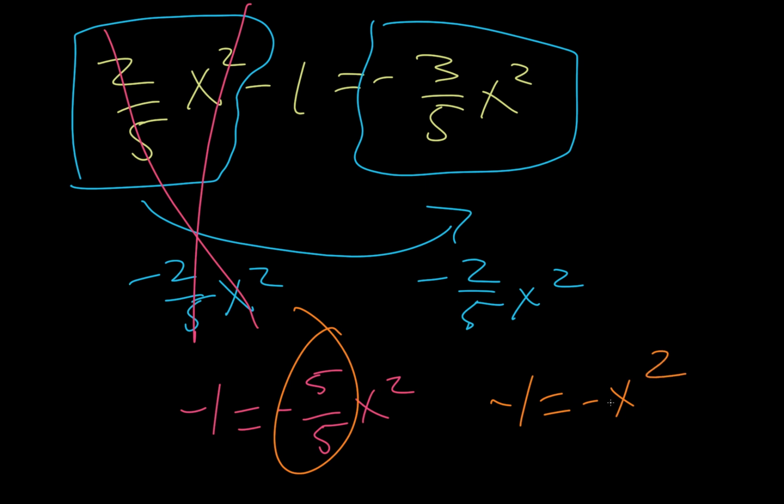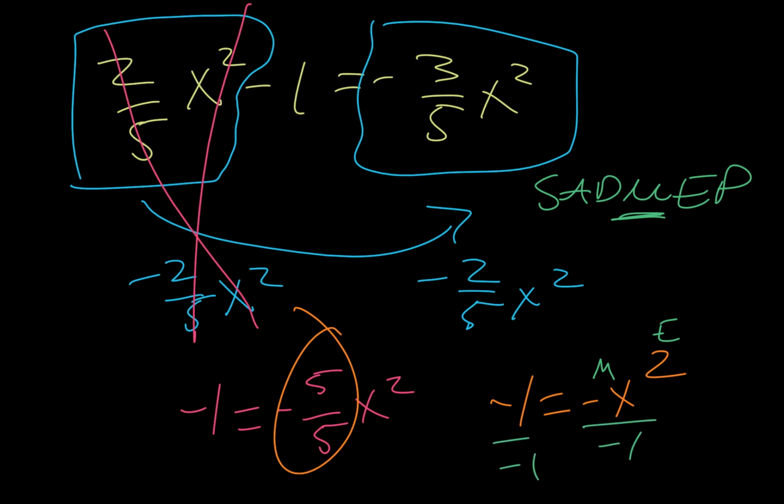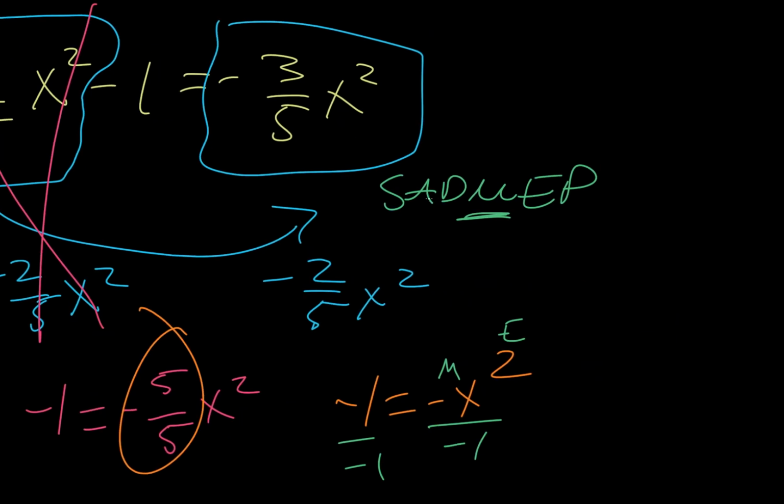The negative right here is like multiplying by -1. So it's like multiplication. This is like exponents. And so if we write SADMEP, we see that multiplication comes first. So to undo that, we will divide by -1. So -1 divided by -1 is 1.